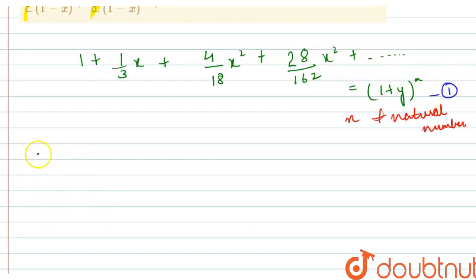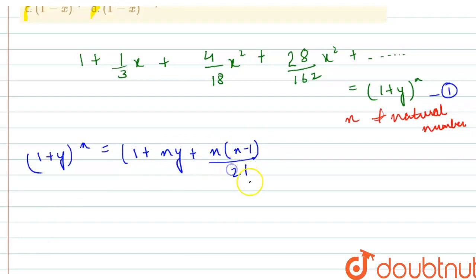And I'm writing the given formula for the general 1 plus y to the power n series. So it is 1 plus ny plus n into n minus 1 upon 2 factorial y square, and like this the series extends. Okay, so let it be equation number 2.